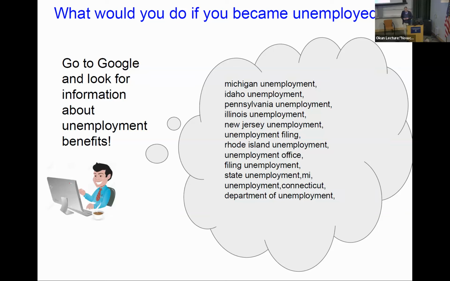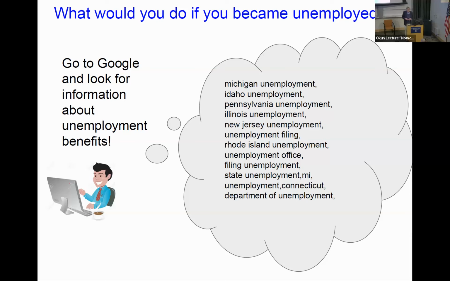Okay, so what would you do if you became unemployed? Well, you'd probably go to Google and look up some information about how to get unemployment benefits. And over here on the right, I have a bunch of queries from Google that people issued that involve the term unemployment. So you can look at Michigan unemployment, Idaho, they're all administered by states. So that's why you're seeing all of that.